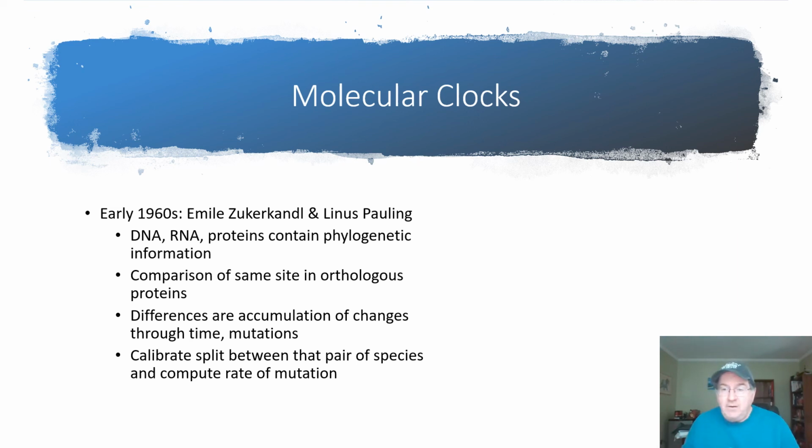And by doing so, by simply looking at the number of differences in the sequence between a pair of organisms, applying that rate that you know that protein is susceptible to mutation, then you can determine in absolute number of years the time that has elapsed since the taxa that you're comparing shared a common ancestor. Beautiful.